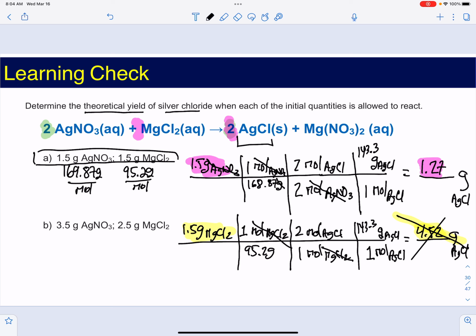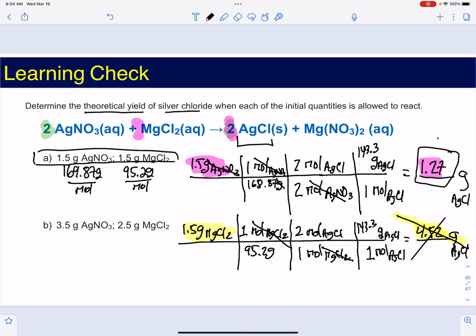It's like having 1 egg and 100 packages of flour. It doesn't matter what, you're only going to be able to do whatever you can do with 1 egg to make the cookies. All the other flour is wasted. So the limiting reactant in this case is silver nitrate, which is the one that produces the lower amount.